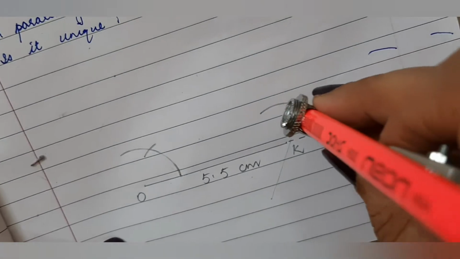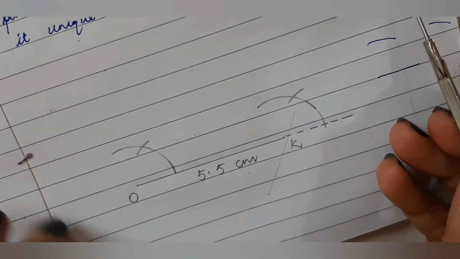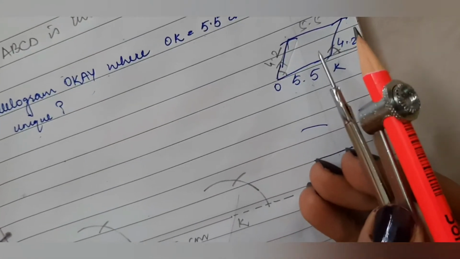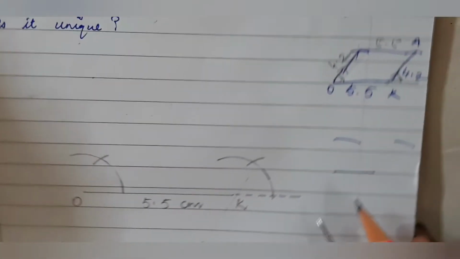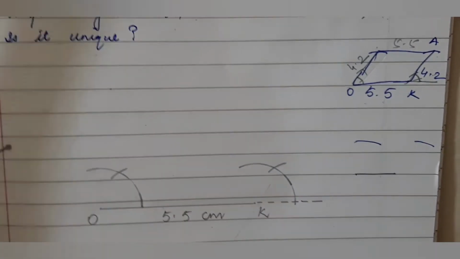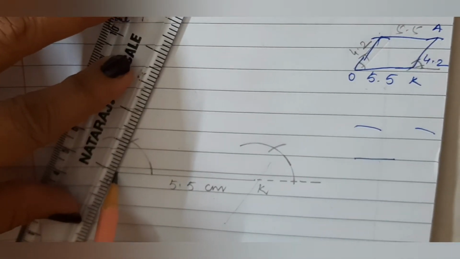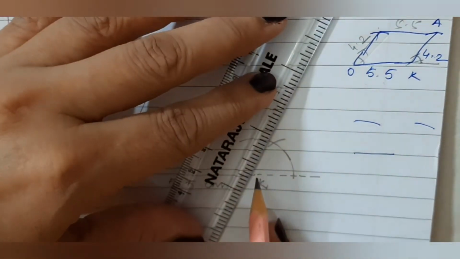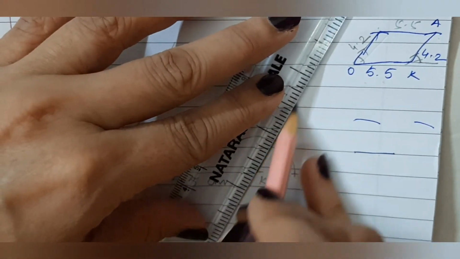From here draw another arc, because I want these angles to be the same. So I will draw it this way. Now join these two lines, this line and this line.